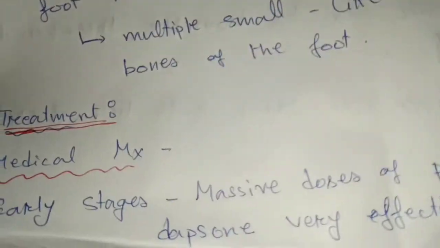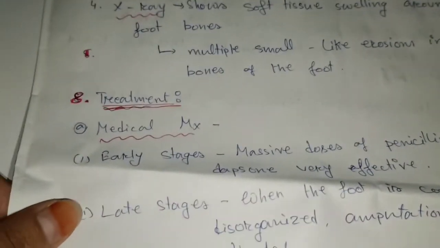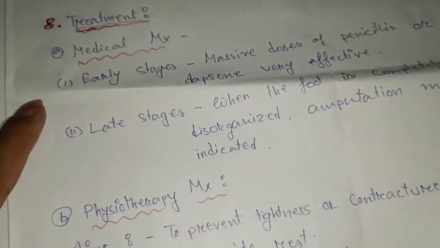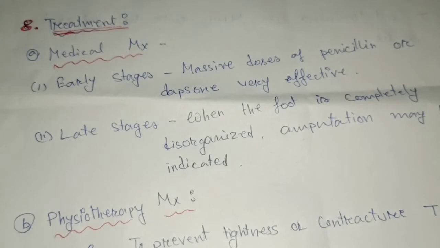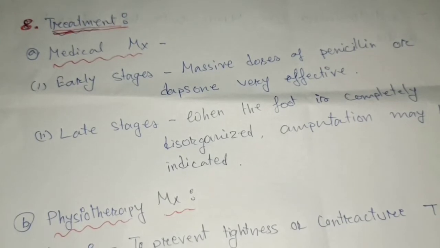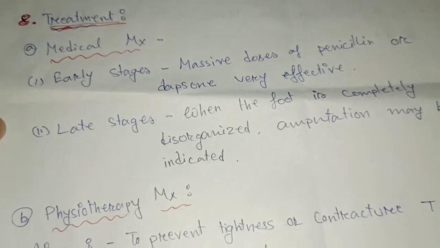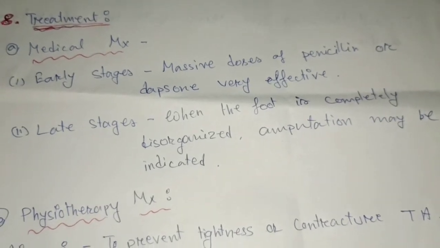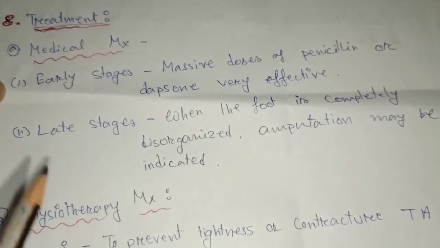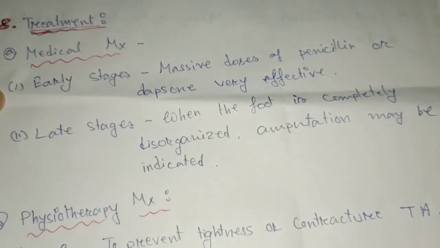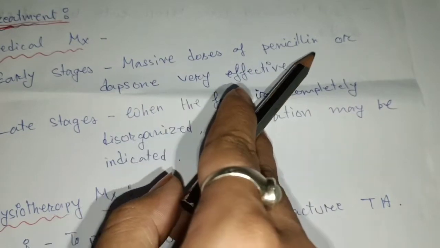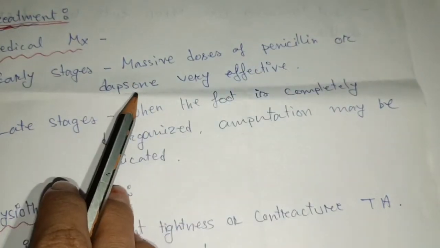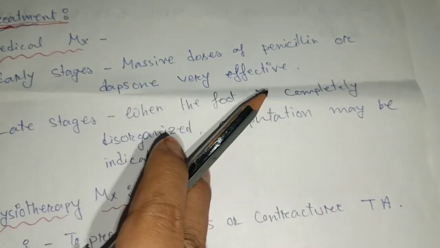Then the last topic is the treatment part. In the treatment part, we discuss the medical management and physiotherapy management. In medical management, first we discuss the early stage. In the early stage, massive doses of penicillin or dapsone are very effective.